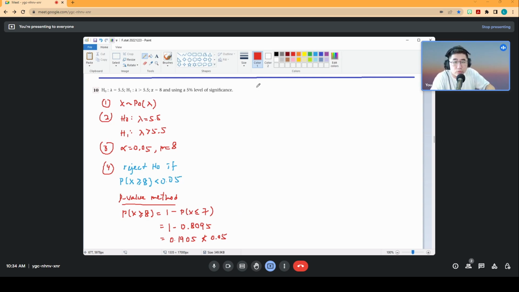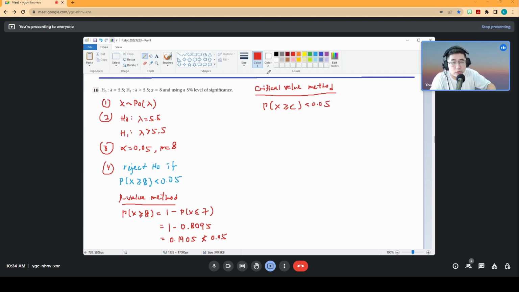So if I use critical value method, okay, so I need to use list first. So I use P, I want to find P of x greater equals to critical value C lesser than 0.05.